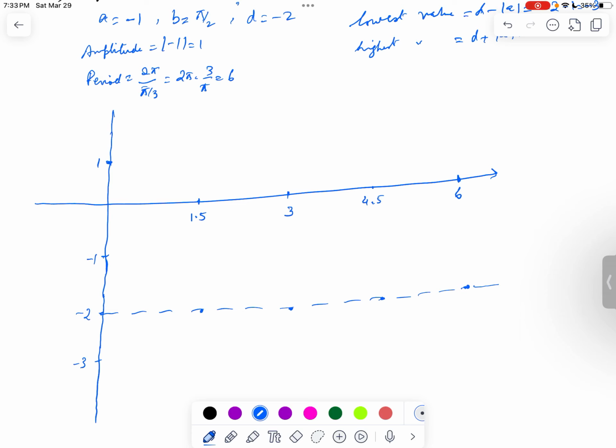Now cosine, remember, at 0 on the y-axis is going to be 1 and the amplitude is 1. So we will have it here. At the middle point, which is 3 here, it will be negative 1, so it will be here.